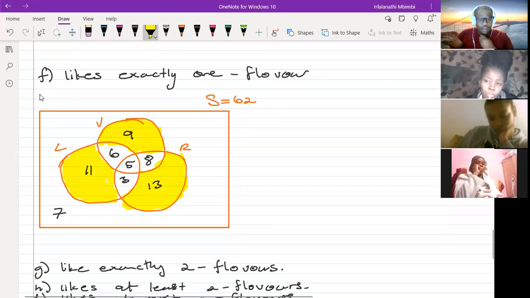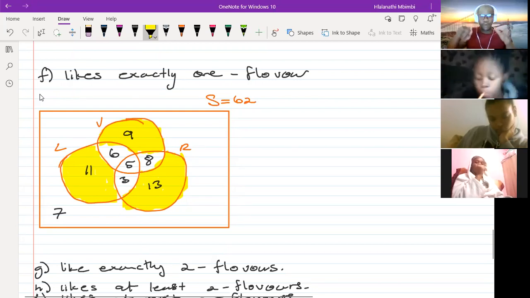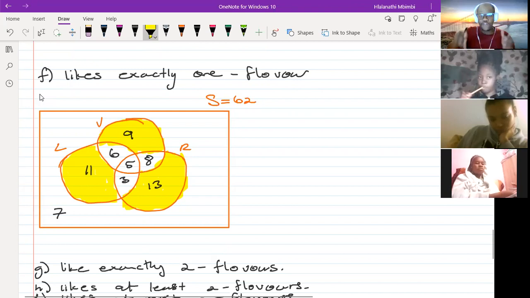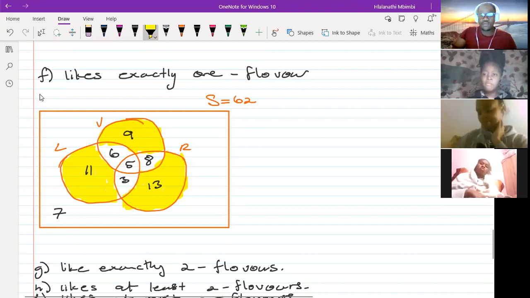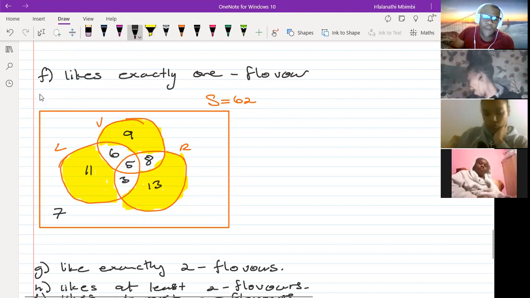The problem I had was, if I'm going to say the probability that they like exactly one, why am I adding the probabilities of vanilla and raspberry and lime? Probability is the likelihood of it happening, so you need to collect everything that adds to that likelihood. That's the answer to my own question.